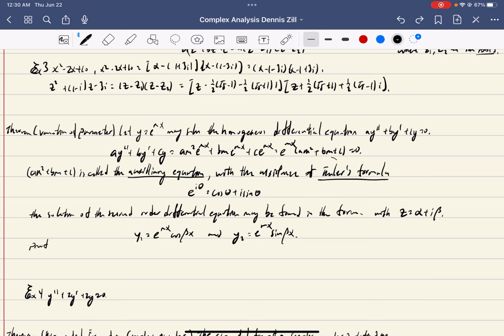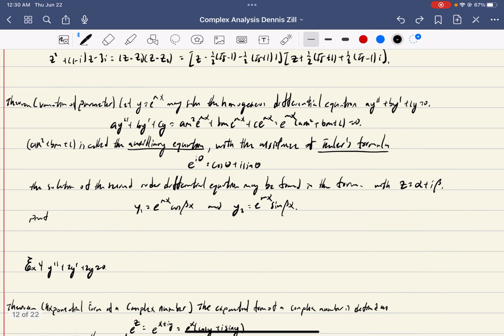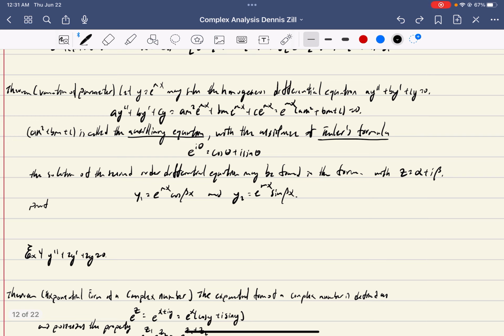With the assistance of Euler's formula, e to the i theta is equal to cosine theta plus i sine theta. The solution of the second order differential equation may be found in the form with z equal to alpha plus i beta.